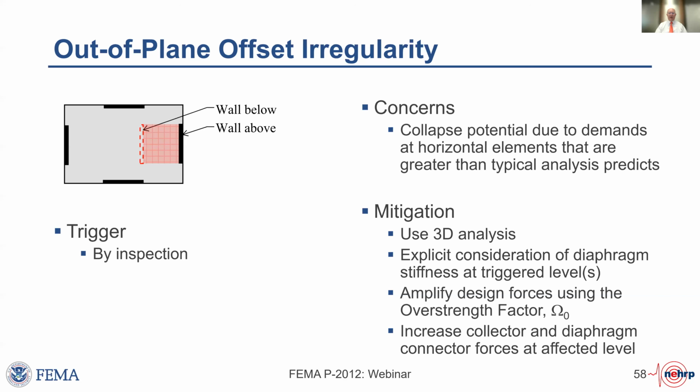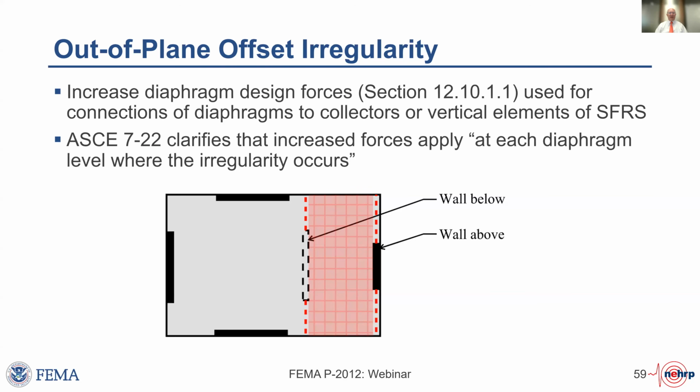And then there are requirements to amplify with overstrength factors the demands in those key transitions so that we don't precipitate collapse there. And that includes requirements for the diaphragms and connectors at that level. So the requirements are that we amplify the demands in that diaphragm, and that we have collectors and drag struts, let's say, that make the connections work.